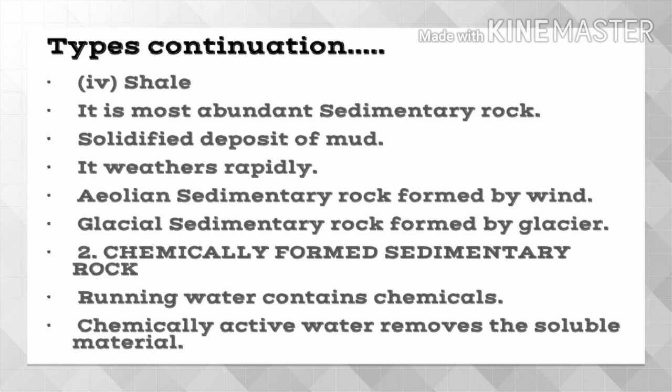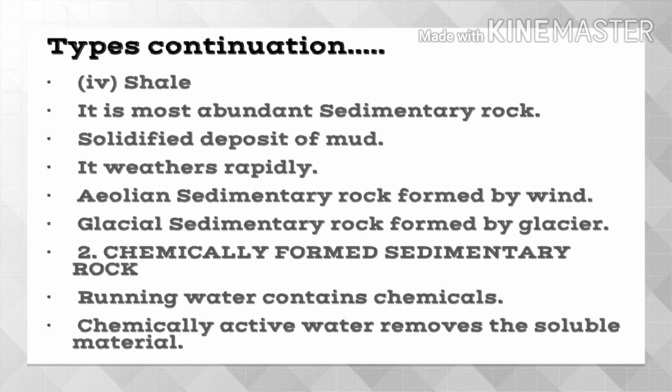When this chemically active water comes in contact with the rock material, it is able to dissolve some of the rock material, and that rock material is transported via the running water to the lakes and lagoons, okay, and there it is deposited and compacted. In this way also the formation of chemically formed sedimentary rock takes place.